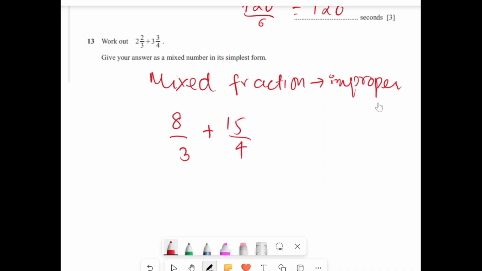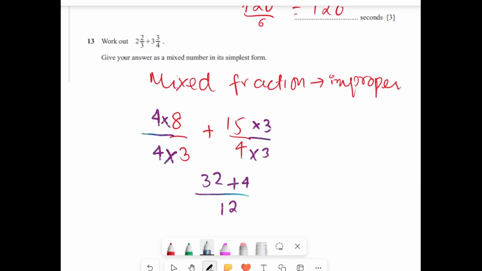Both denominators are different. We will make the denominators the same. And how? We will multiply by 4, and if we are multiplying the denominator by 4, we will multiply the numerator by 4 as well. And on the other fraction we will multiply by 3, and the numerator over there we will also multiply by 3. On simplification, this will be 12, 32 plus 45, and it will be 77 over 12.